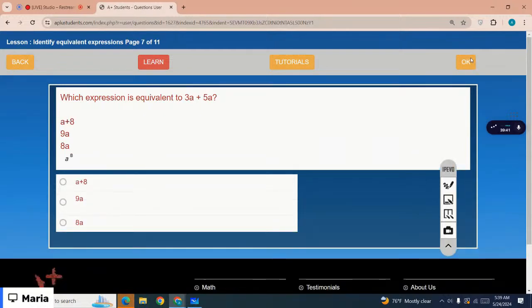Which expression is equivalent to 3a plus 5a, which is the correct option? Yes, that equals 8a.